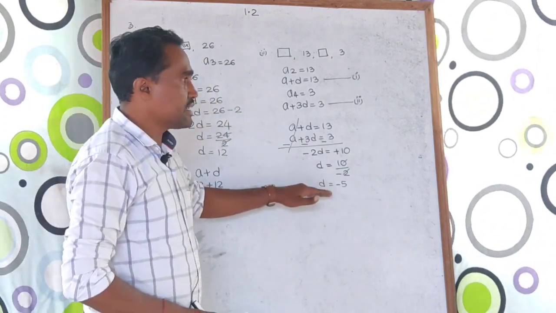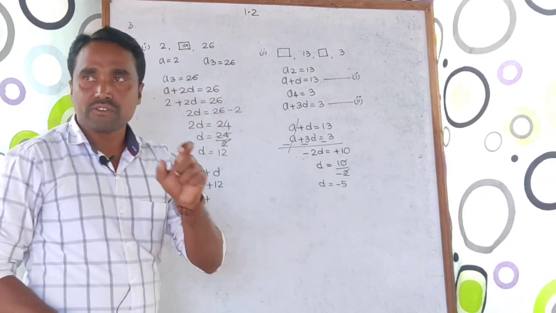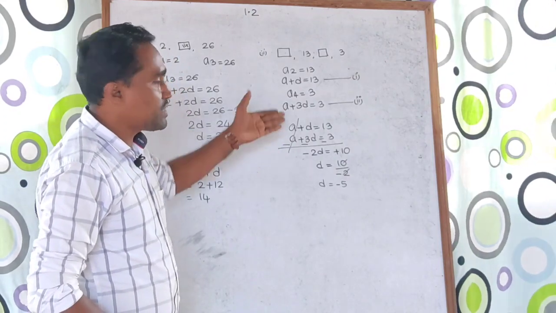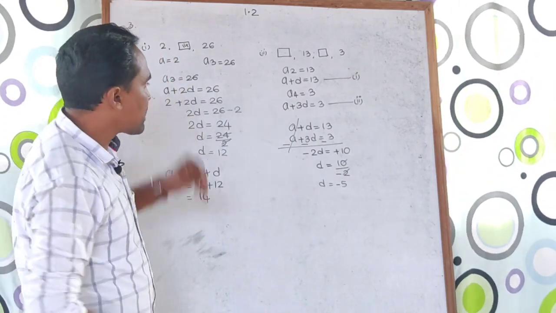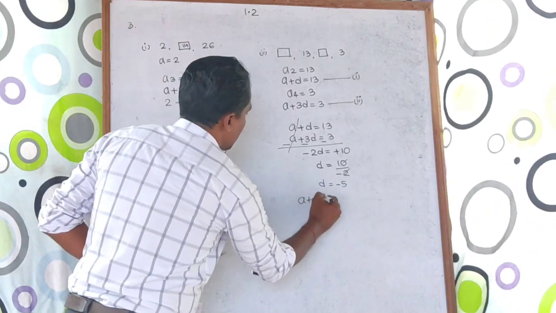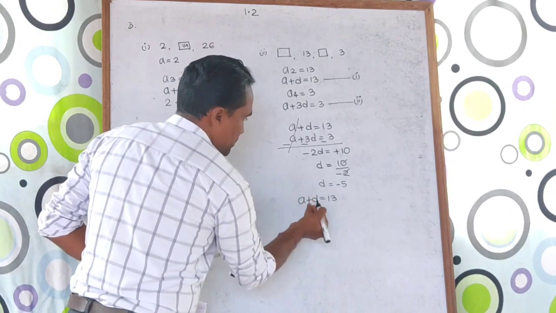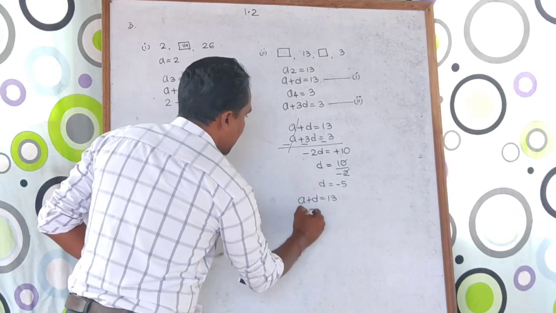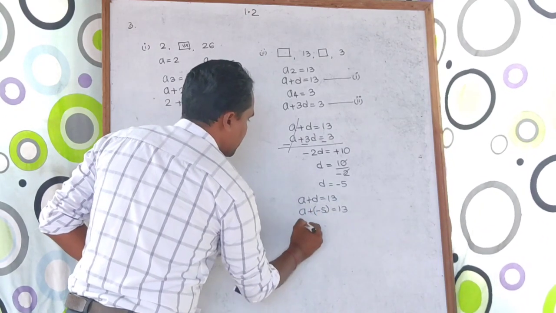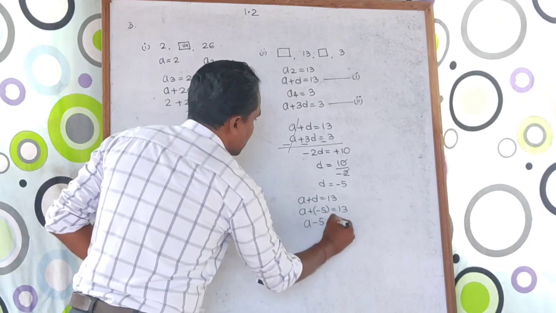We already know that D is minus 5. Now to find out the A, the first term, we have two equations here. I can take any one of these equations. So if I take the first equation, A plus D equal to 13, substituting D equal to minus 5, A plus into minus 5 equal to 13.